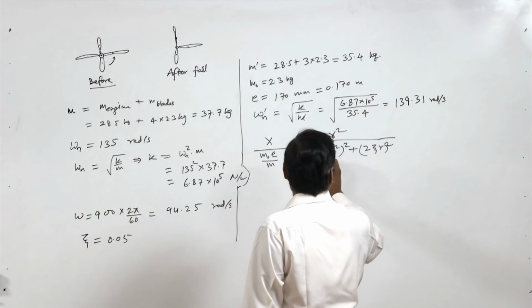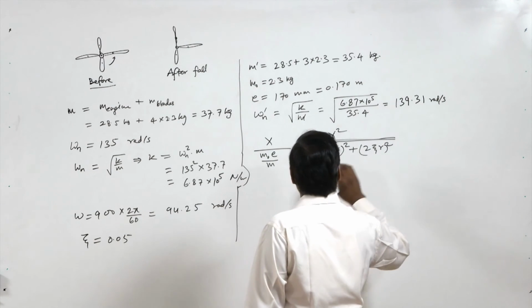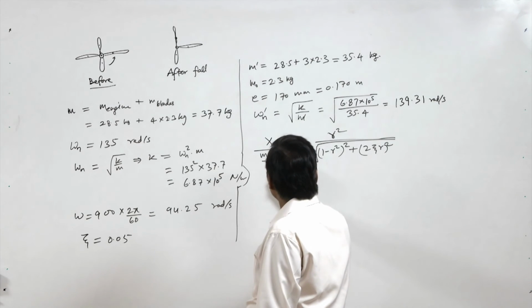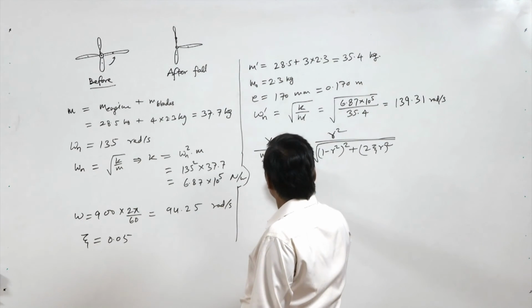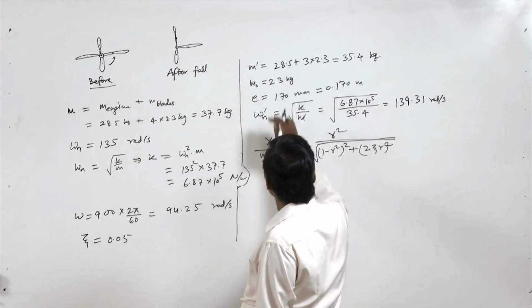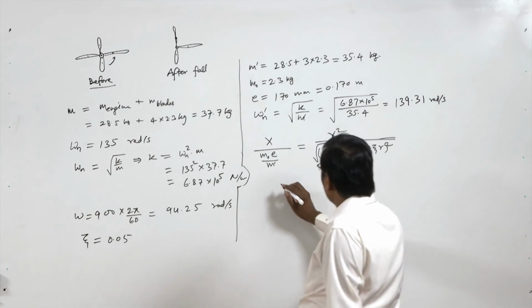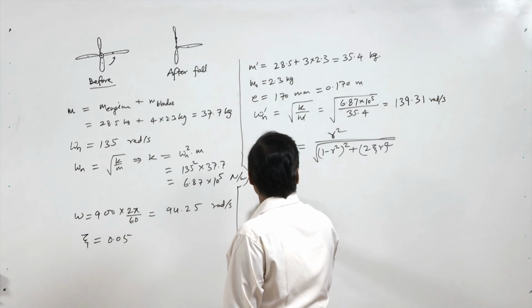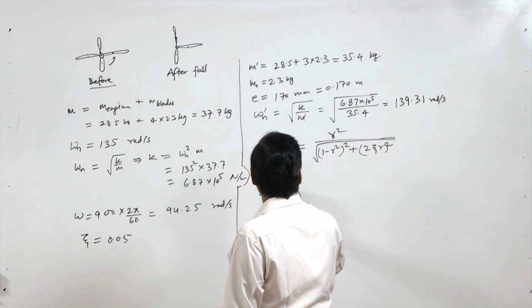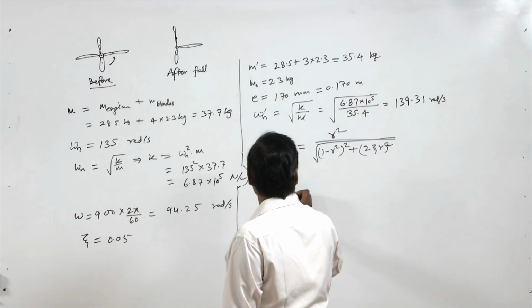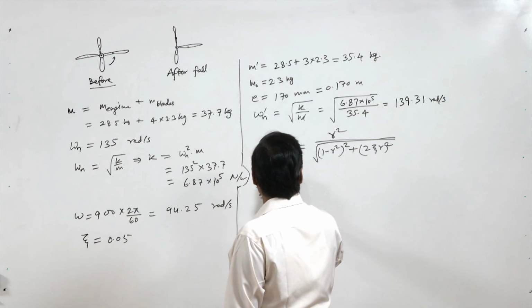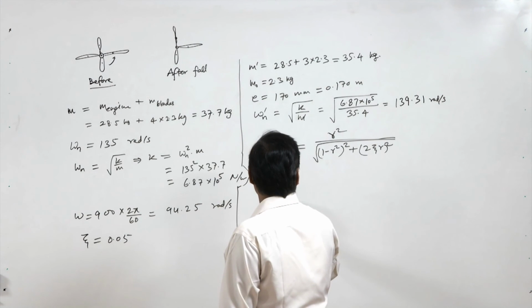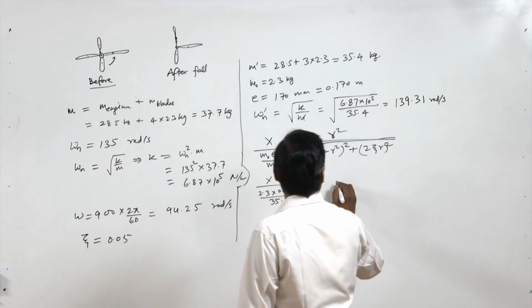So this is the formula for x. Here it is m dash, so I put m dash. So x upon m0 is 2.3 into e is 0.17 upon m dash is 35.4, and equal to r square.